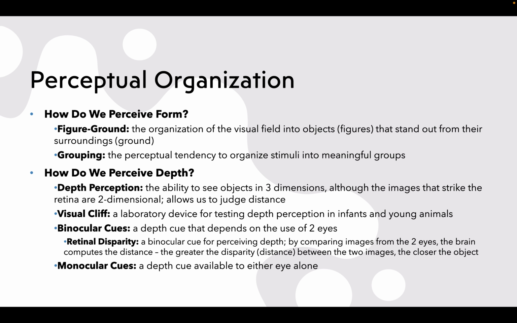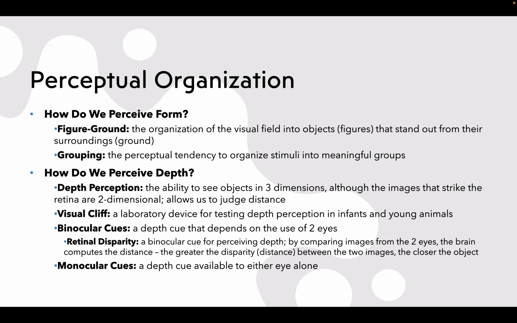They created a platform that, due to the pattern and shading, makes it look like a cliff. However, it is not. It is a flat surface that is just painted to look that way.